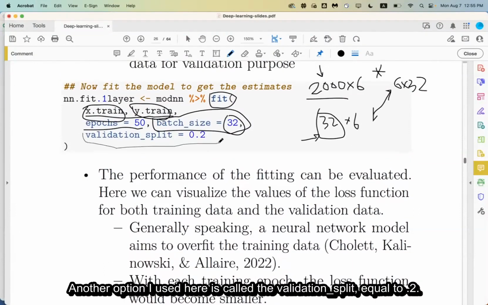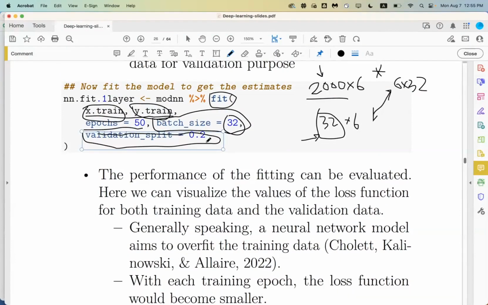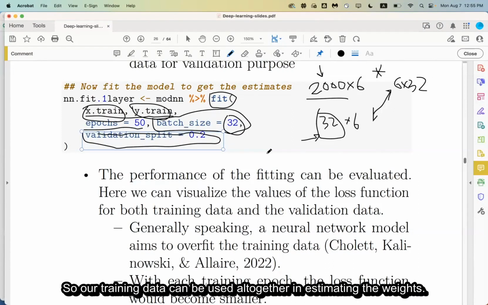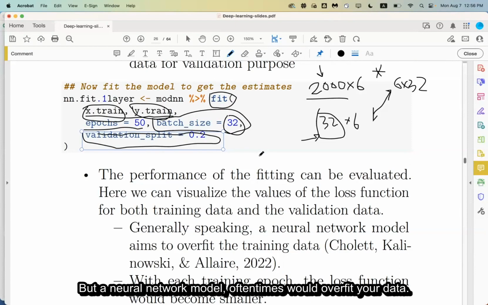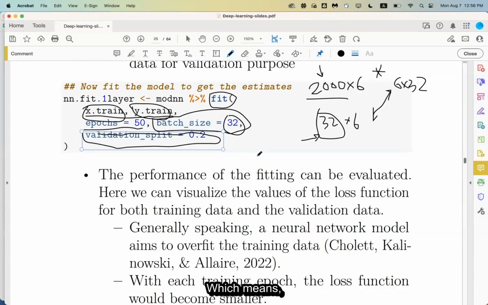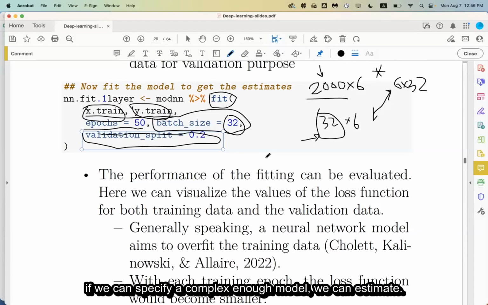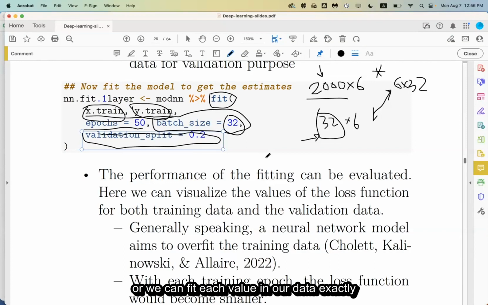Another option I used here is called validation split equal to 0.2. What does this mean? In estimating the weights, we need to use our data. So our training data can be used all together in estimating the weights. But a neural network model oftentimes would overfit your data, which means if we can specify a complex enough model, we can fit each value in our data set exactly.